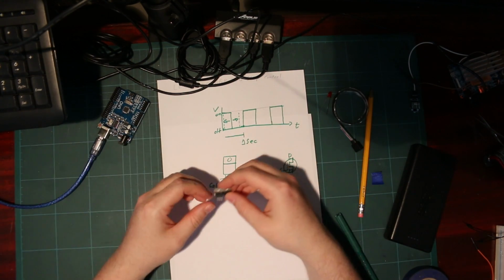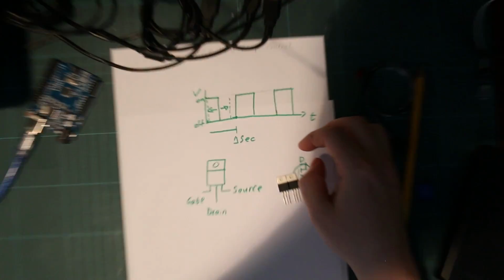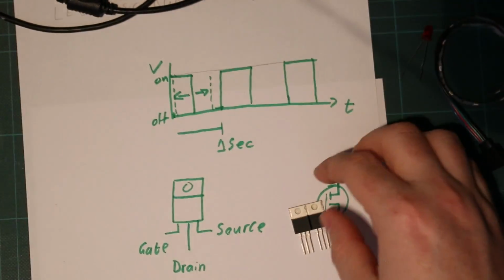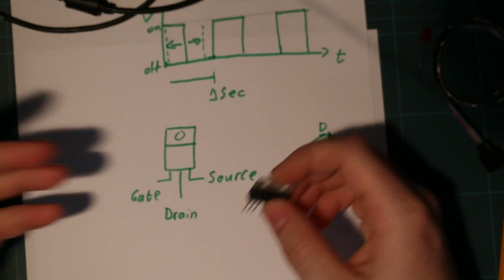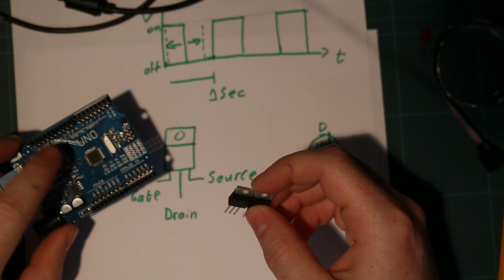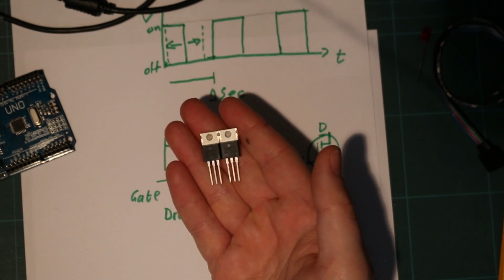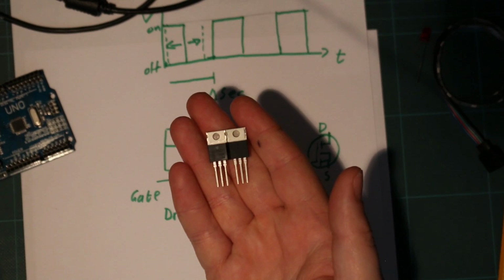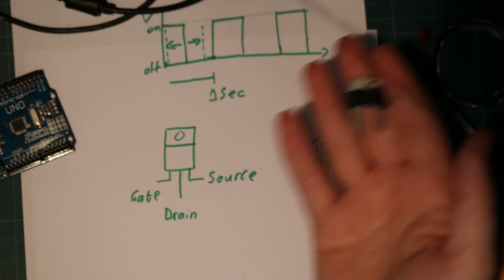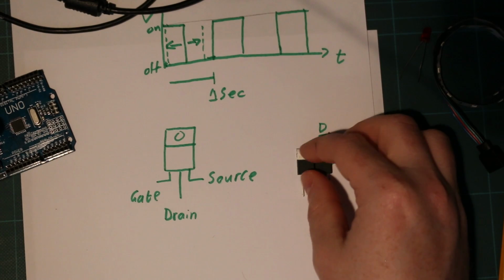So that's why I need to create sort of an LED driver circuit. An LED driver circuit is just simply a way of controlling the high power that we need in the same manner that we were using before with the Arduino. So basically, to do that, we're going to use what's called a MOSFET. A MOSFET is basically a very fast switch you can use to turn on and off power.